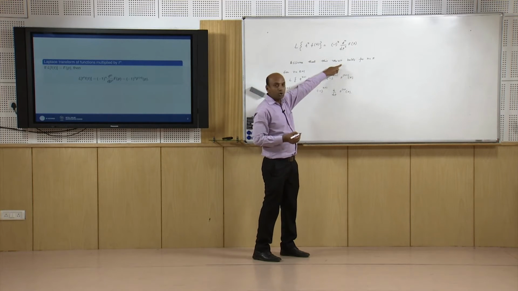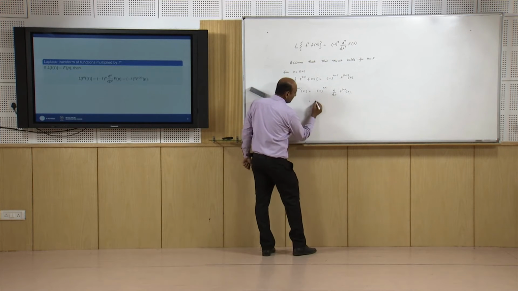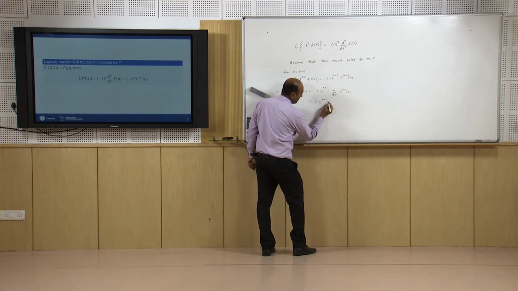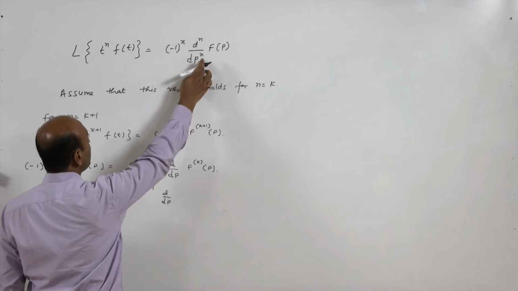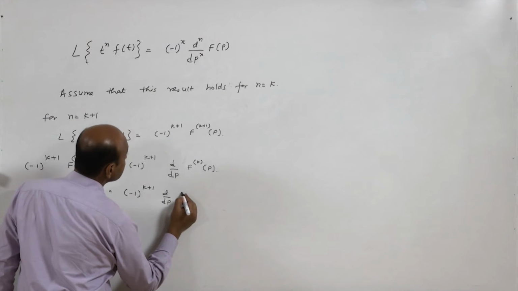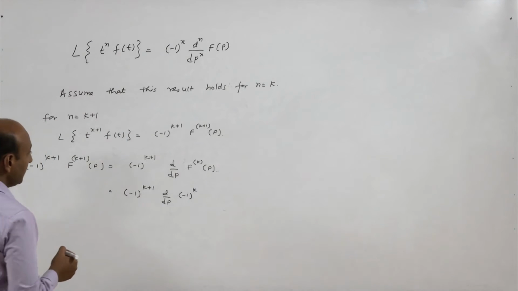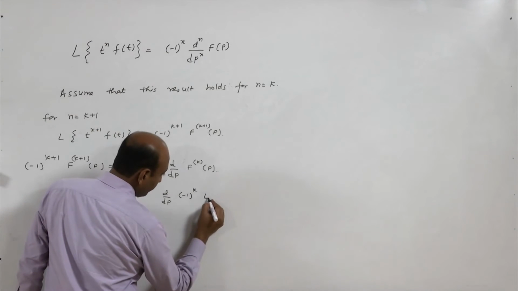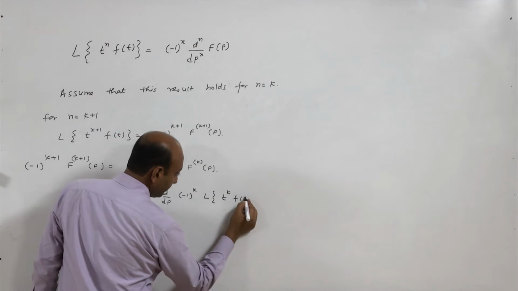So, since the result holds for n equal to k, this value is nothing but (-1)^(k+1) d/dp of, substituting n equal to k, (-1)^k Laplace of t^k f(t).